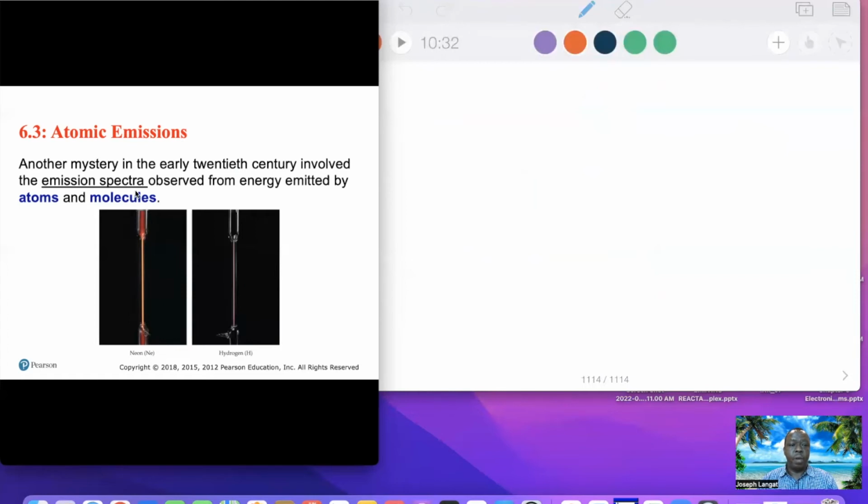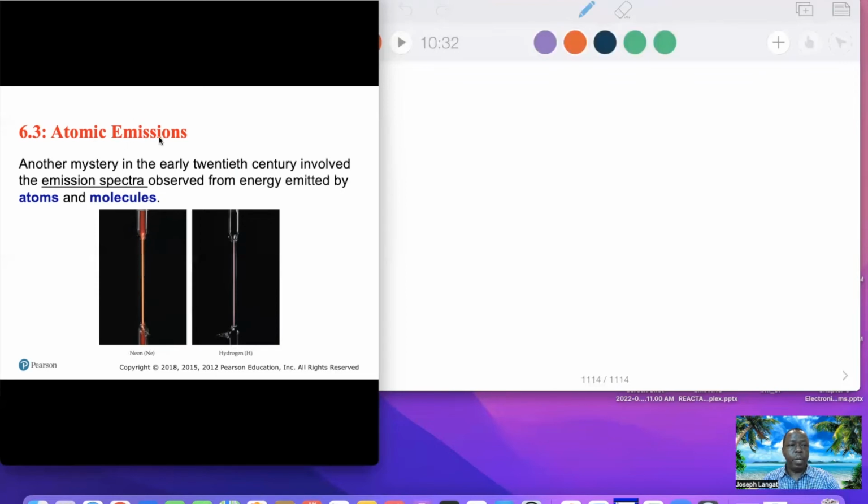If we have, for example, neon, this is a discharge tube for neon gas. If we apply electric current on both terminals for this gas, they emit light of characteristic wavelength. Hydrogen, see this color; neon, we see this color. We call these discharge tubes.